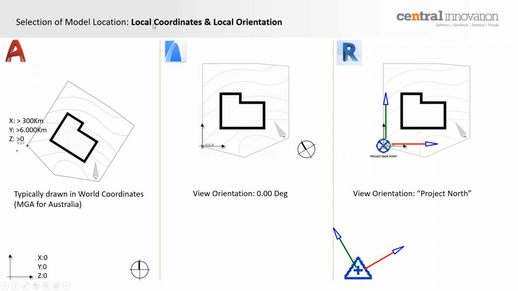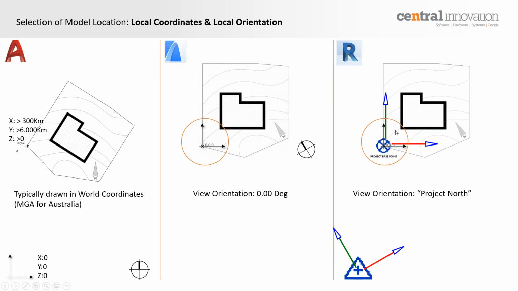When you use local coordinates and local orientation and you're exchanging the IFC files in that manner, you will be using, in both cases, an export of the IFC that relates back, in the case of Archicad, to the Archicad origin point. And in the case of Revit, it's an export that sets back the IFC origin to the project base point, because you also have the option to use that survey point as it's described there.